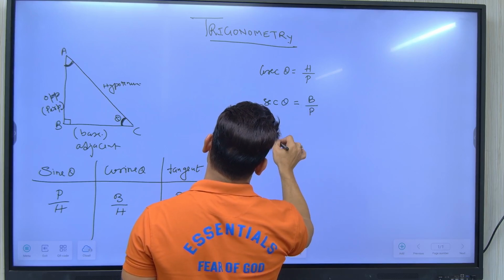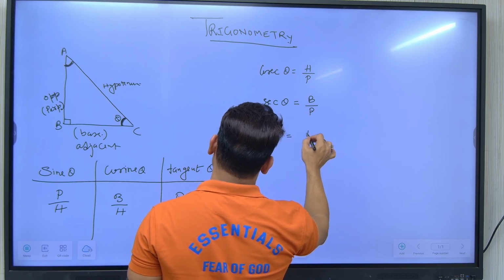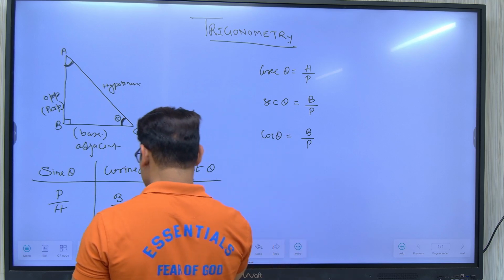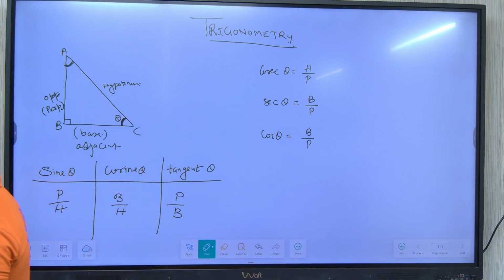And then we have cot theta, which is base upon perpendicular. Now sine and cosec are reciprocal, so their product will always be equal to 1. Cosine and secant are reciprocal of each other, so their product is also 1. And tan and cot, their product is also equal to 1.